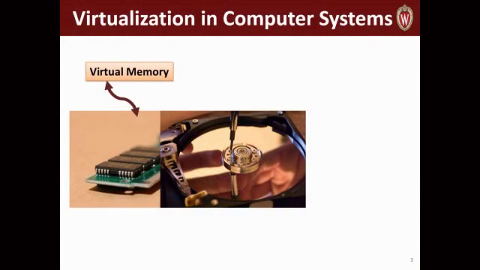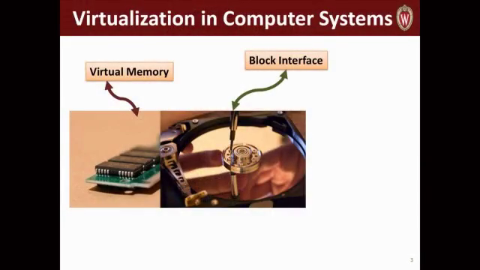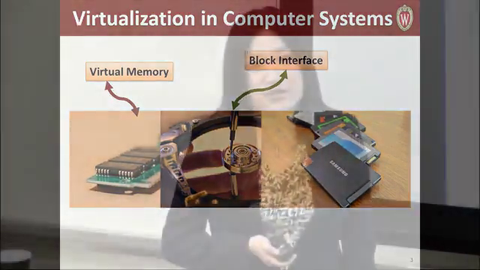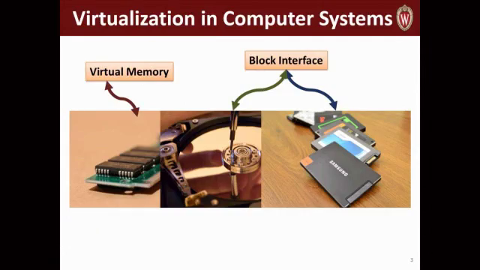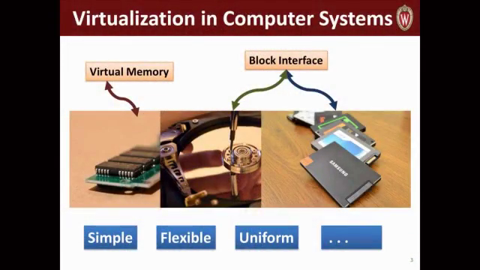And hard disks, its internal cylinders and platters are also hidden and virtualized into the logical block interface. And for the flash-based SSDs, its internal structures and operations are also virtualized and behind the same block interface. And we can see that virtualization provides simplicity, flexibility, and usually a uniform interface to different clients.